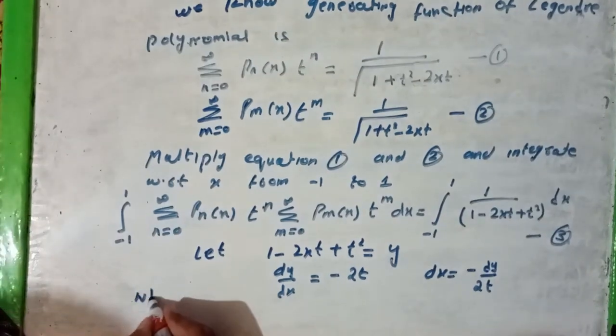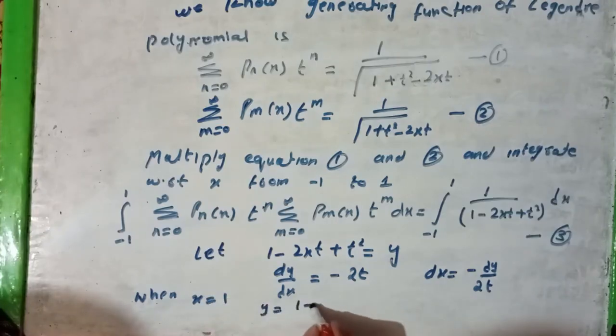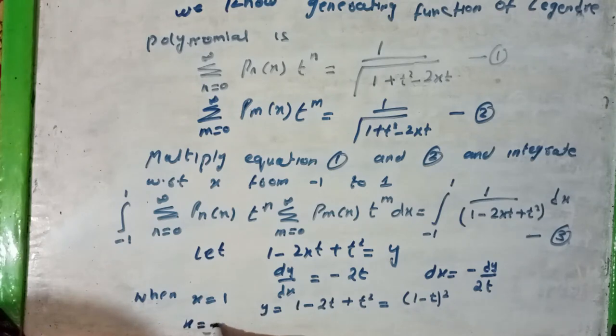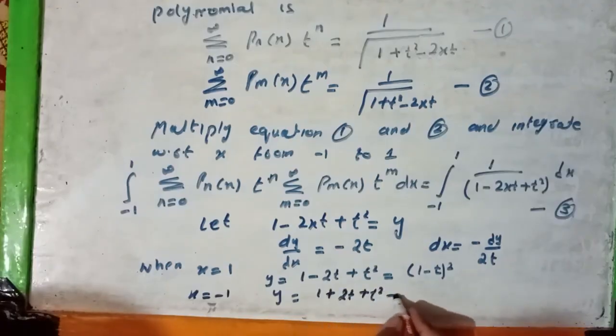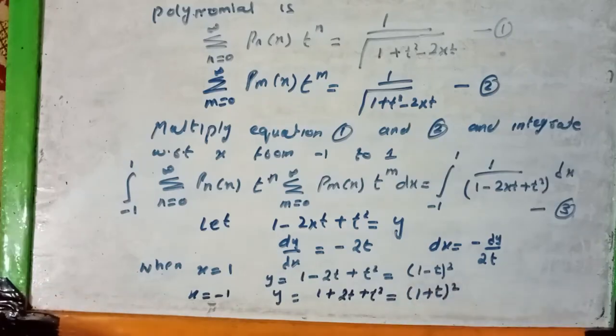And when x is equal to 1, y is equal to 1 minus 2t plus t square, which is equal to (1 minus t) whole square. And when x is equal to -1, y is equal to 1 plus 2t plus t square, which is equal to (1 plus t) whole square.